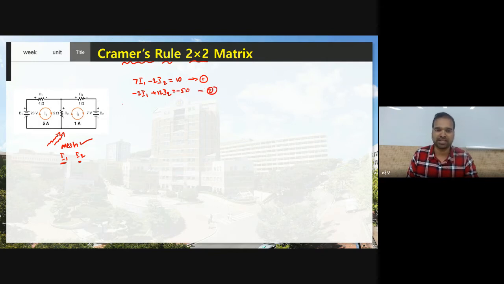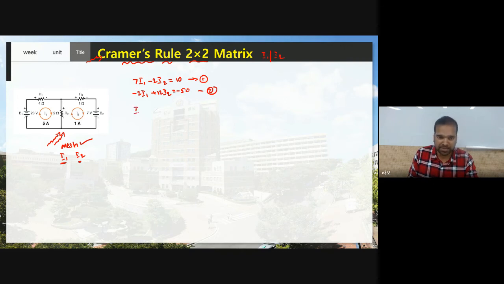Now what is the important thing? We need to find the unknown variables. What are the unknown variables here? I1 you need to find and I2 you need to find. In order to find I1 and I2 we have different methods, but in this course I am going to teach Cramer's rule to find the unknown variables in linear equations. Now how to find I1 and I2?